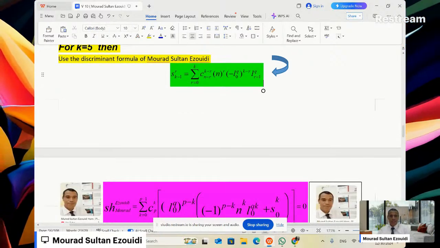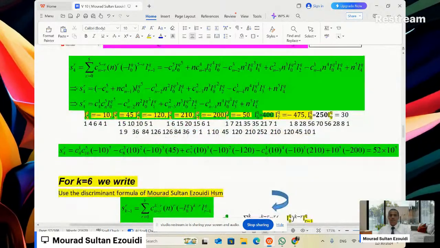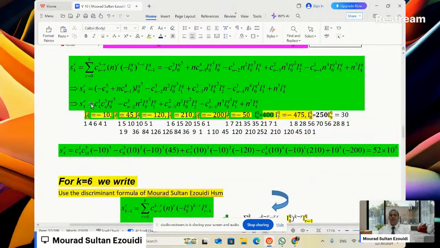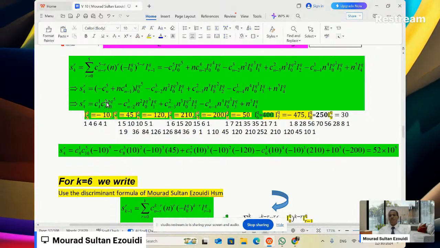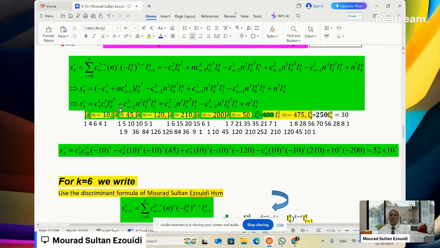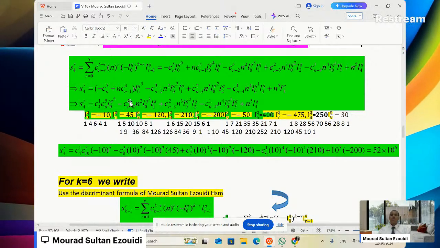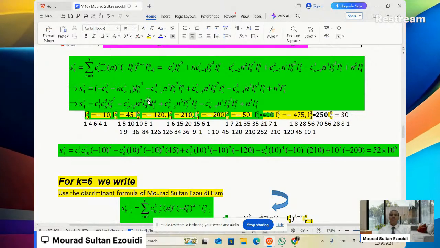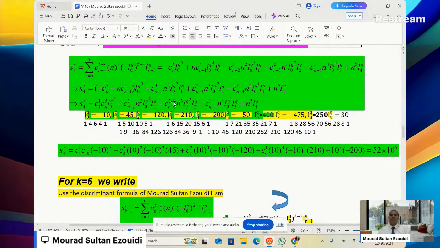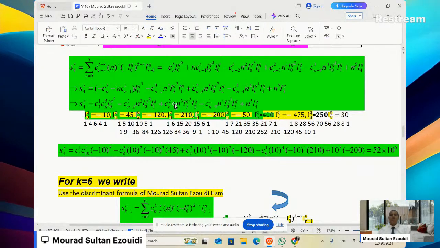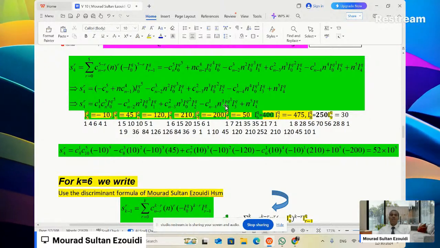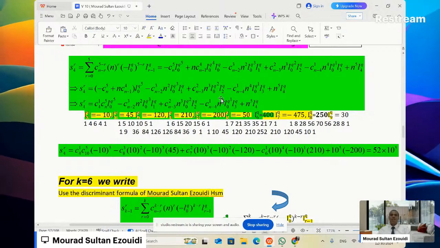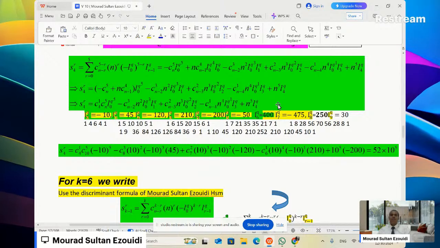Elaborating this, we obtain S4, in fact, equal to combination 4 choose 1 times combination n plus 5 times 0 for 2 to the power 5, minus combination n minus 2 times n squared times 0 for 2 cubed times n1 over 2, plus combination n minus 3 choose 2 times n cubed times 0 for 2 squared, times minus combination n minus 4 choose 1 n to the power 4 times 0 for 2 times n3, plus n to the power 5 times n2.